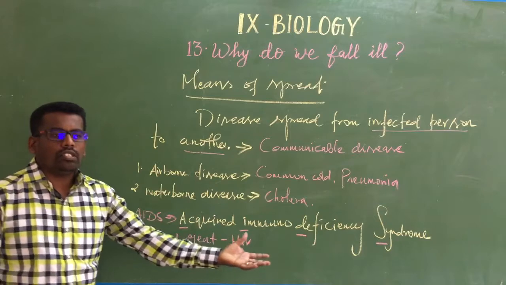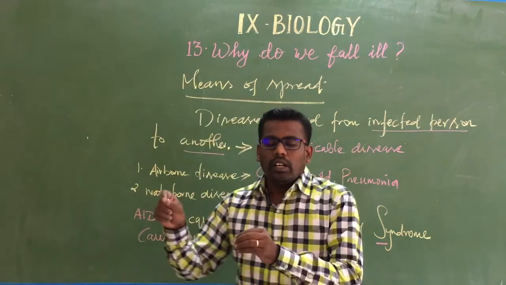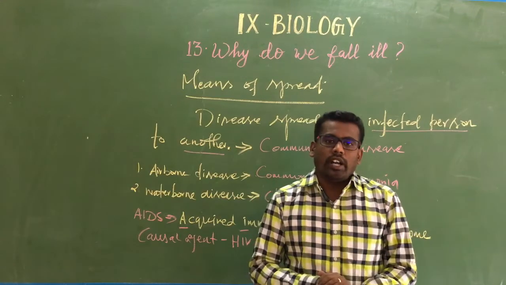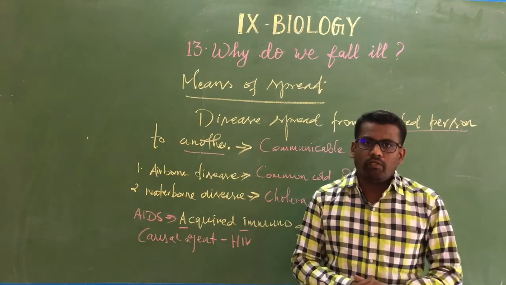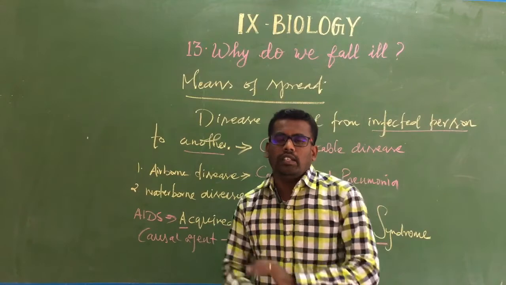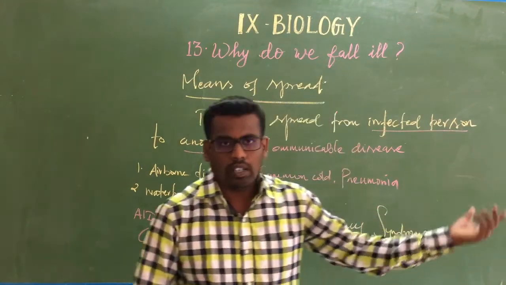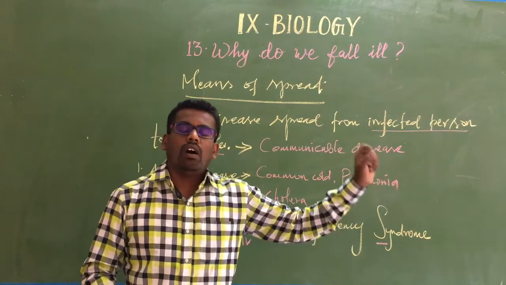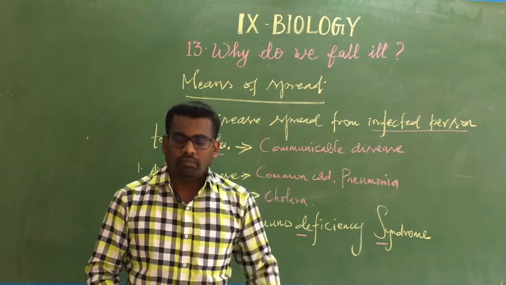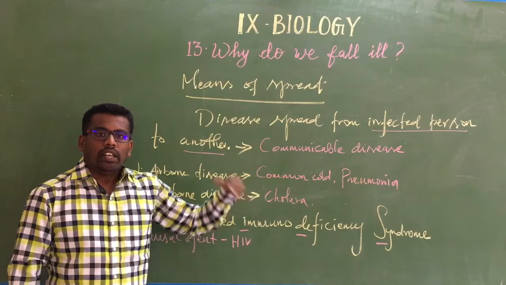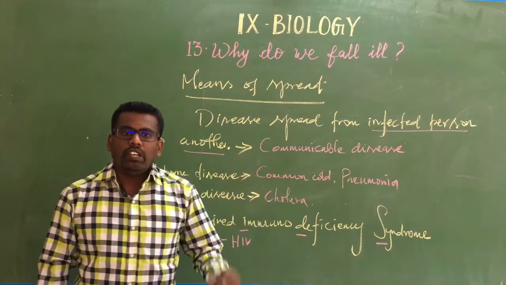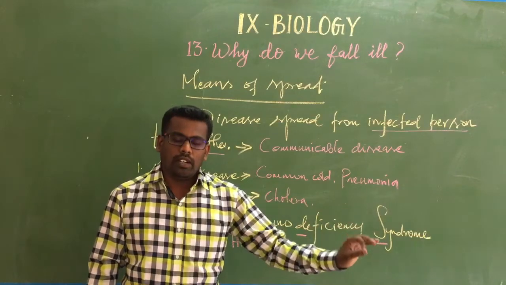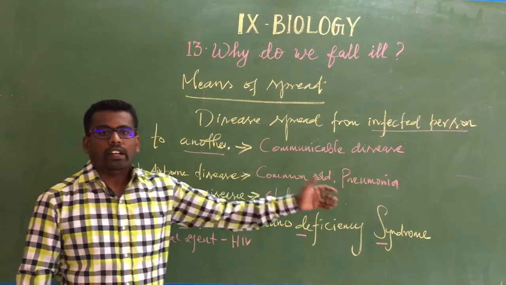How does AIDS transmit? The disease transmits through sexual contact from one partner to others. If an infected person has sexual contact with another through the sexual organ, the virus may transmit.